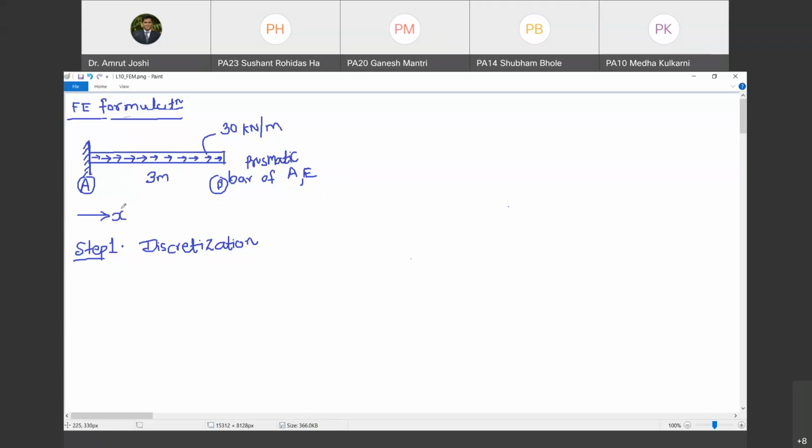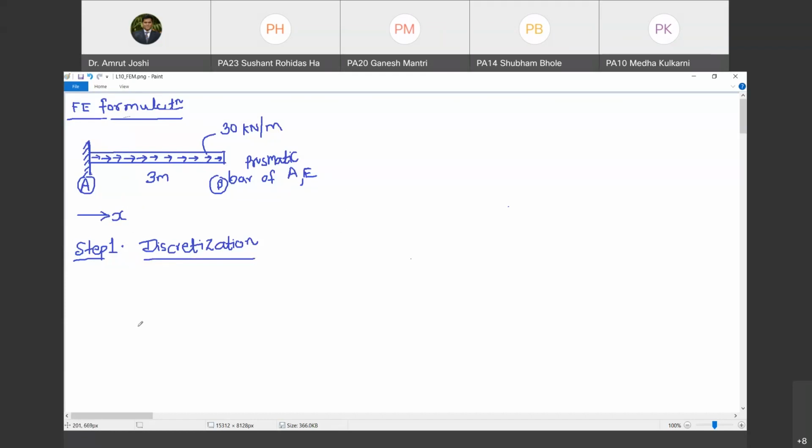So at every point, x directional deformation is going to be unknown. If you look at this bar, theoretically, the number of unknowns that you are going to deal with are infinite, because at each and every location you would like to know the x directional translation. But the infinite number of unknowns are converted into finite unknowns by the process of discretization.